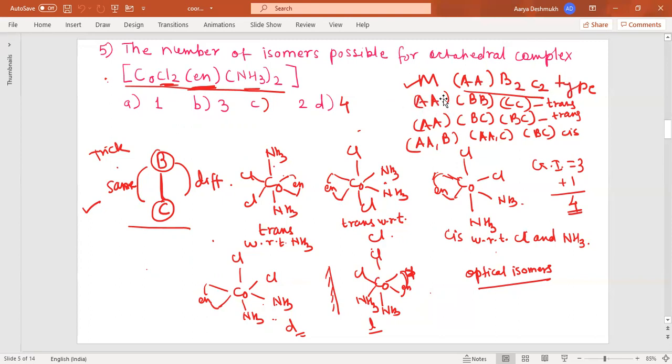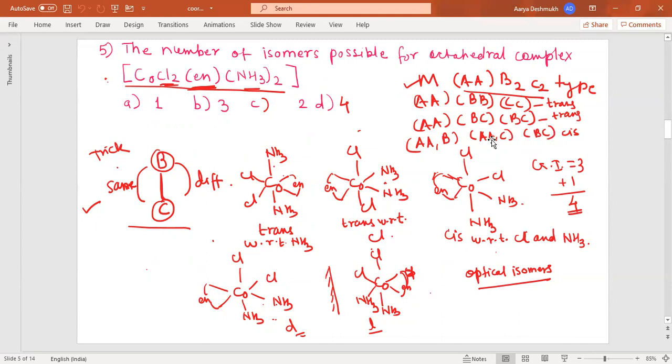So the possible combinations for geometrical isomers. First of all, we are always supposed to find the geometrical isomers. So this is the possible combination, first one, second one, and the third is also there, since there are B2 and C2. These two ligands are different. So one more thing is possible, AA, BB, CC.